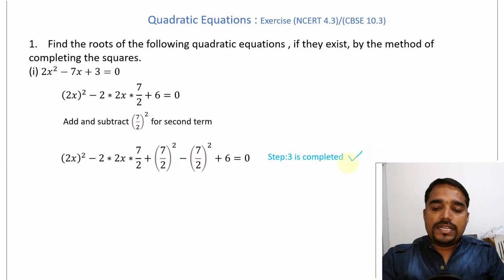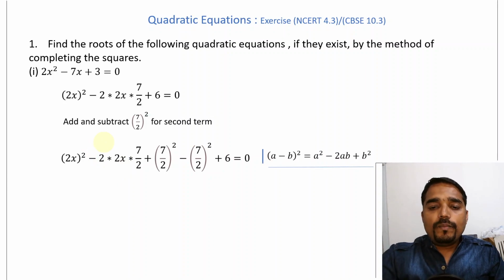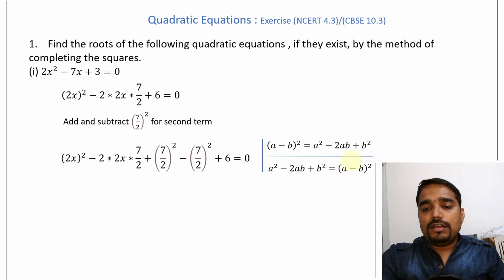Step number 4 is to apply a plus b whole square or a minus b whole square formula. Because for the 2ab term there is a minus, here we would be applying a minus b whole square. Now let us see what is that. So we know that a minus b whole square is equal to a square minus 2ab plus b square, or if you swap the terms of RHS to LHS and LHS to RHS, a square minus 2ab plus b square would be equal to a minus b whole square.